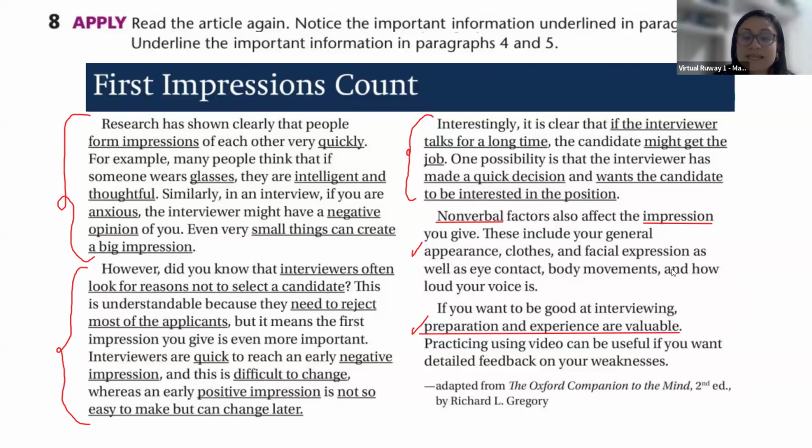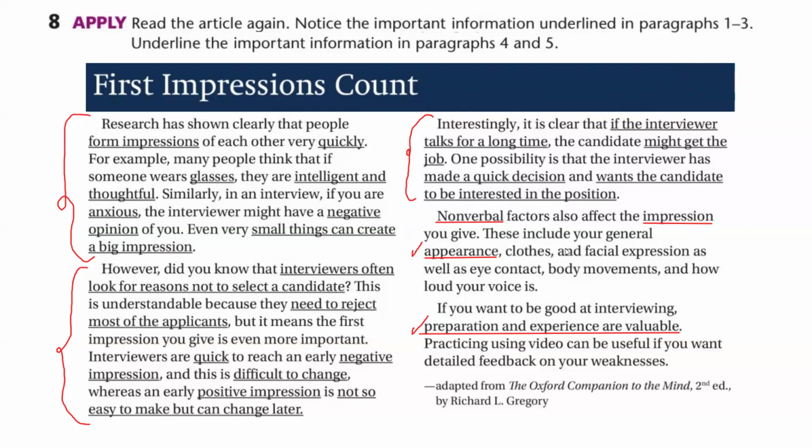Finish. Good. In the case of paragraph 4, we have more information. Johan mentioned nonverbal impression, but the paragraph mentioned examples. What are the examples of the nonverbal impression? Who can tell me? For example, right? One example is appearance. What are other examples? Who can tell me? Volunteer?